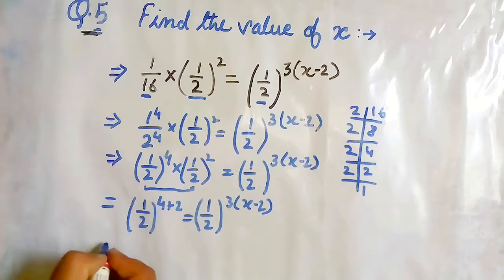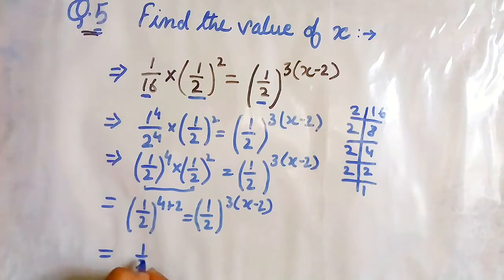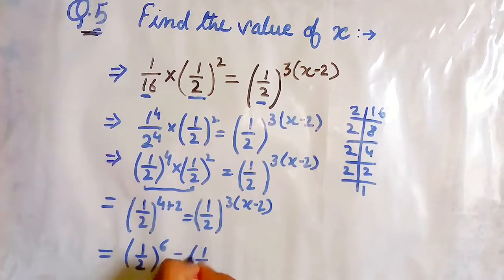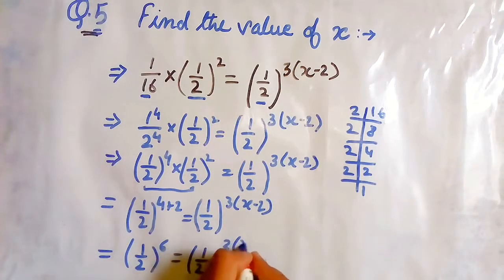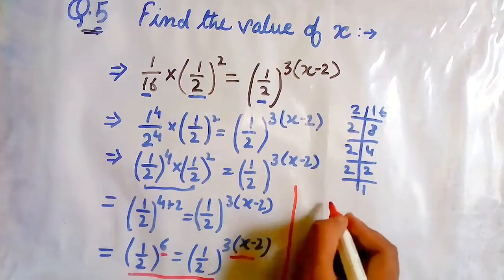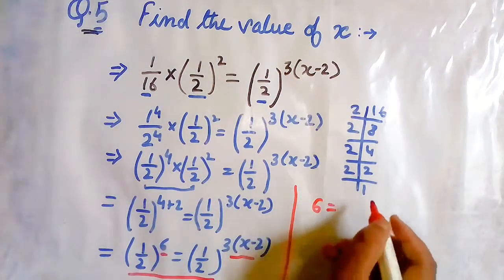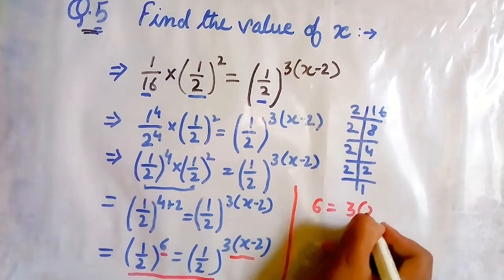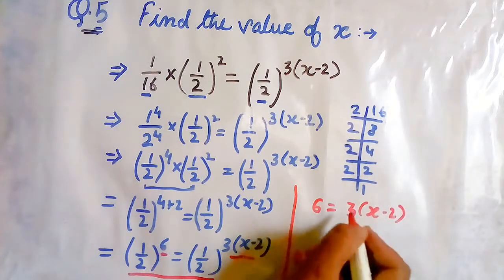Simplify it more, this will be (1/2)^6 equals (1/2)^(3(x-2)). Now the bases are the same. Repeat the same method, equate the powers. So the powers will be 6 on the left side and 3 times (x minus 2) on the right side. So 6 will be equal to 3 times (x minus 2).